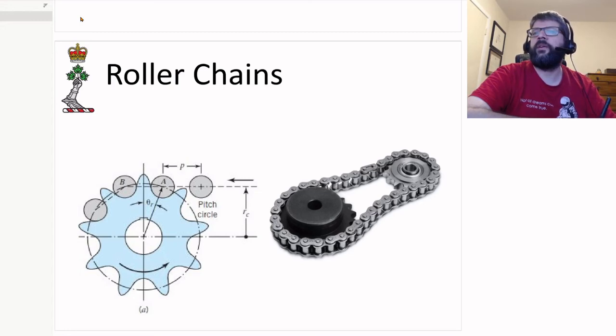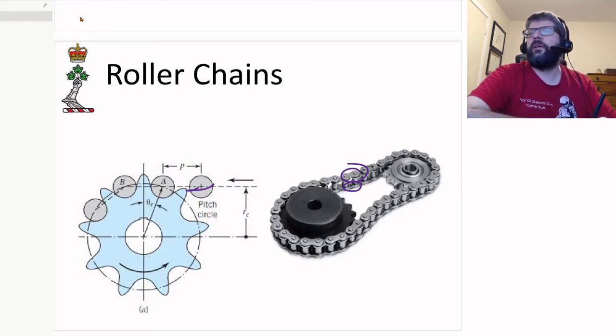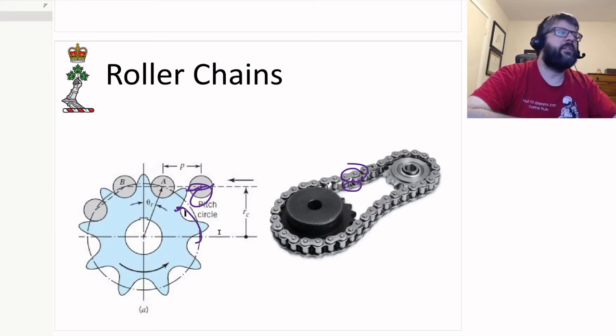Those are what mesh with the sprocket, and then of course over here you can see the links that are there to basically hold all the rollers together. As this thing rotates, the rollers mesh with the teeth on the sprockets.